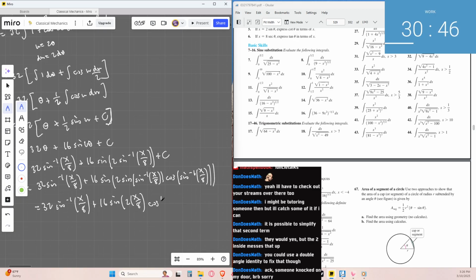And we also have cosine, sine of, oh yeah, we shouldn't forget the c, just in case, and then we're left with c. Plus c.